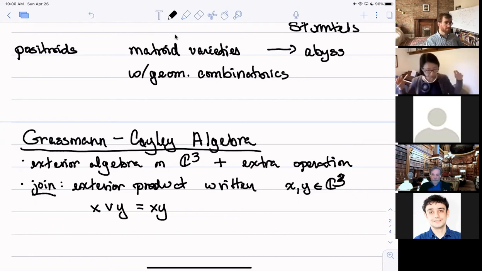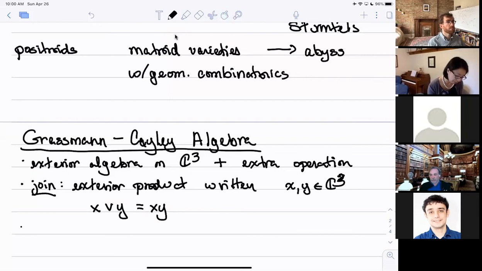Well, the exterior product of two vectors is not zero exactly when those two vectors are linearly independent. In other words, they're the basis for a subspace. So I want to think about joins, and exterior products, as subspaces. They correspond to the bases of subspaces. And if I take the join of two vectors, now instead of thinking about them as vectors, I want to think about them as points in P^2, and that join is going to be the line joining them. So the line joining x and y, okay?